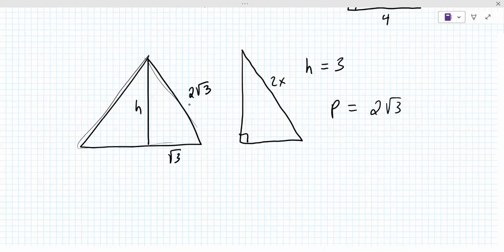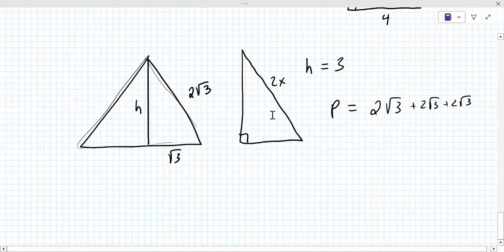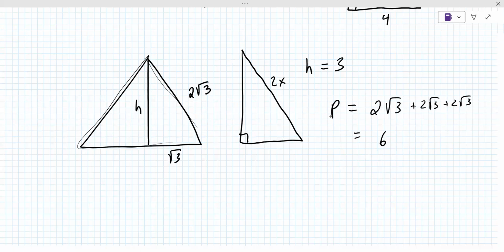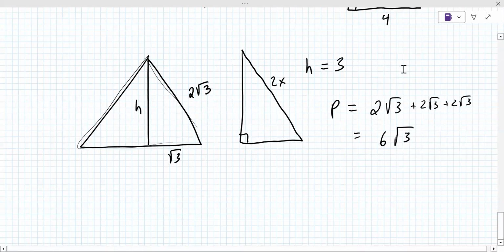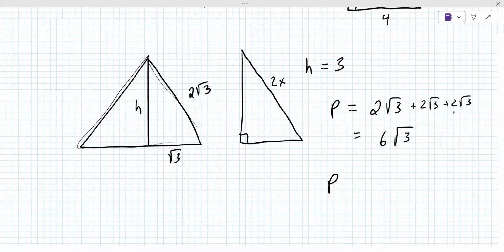It's 2 square root 3 plus 2 square root 3 plus 2 square root 3. Oh, it's perimeter. Okay. You're adding though. You're just adding 2 plus 2 plus 2. Think of it like 2x plus 2x plus 2x. Oh, okay. So just be 6 square root 3 then. Or alternatively, it's 3 times the side length, which is 3 times 2 square root 3.